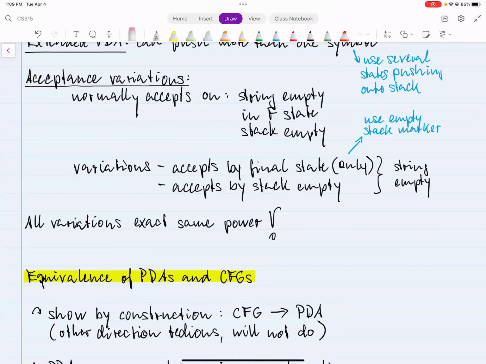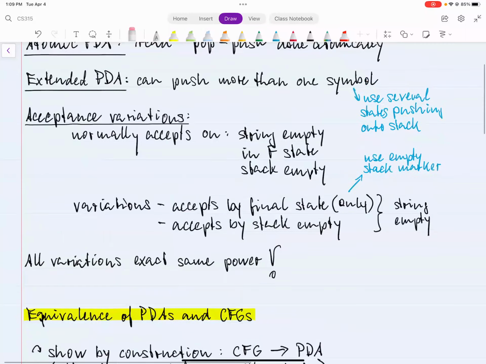So what you saw, and the same is true for the one that we do not discuss here, is that by construction, because we constructed the standard PDA, all of these variations actually do have the same power, okay? None of them is more powerful than another. So that's the punchline here, that we don't really gain anything by going with one of the other variations.